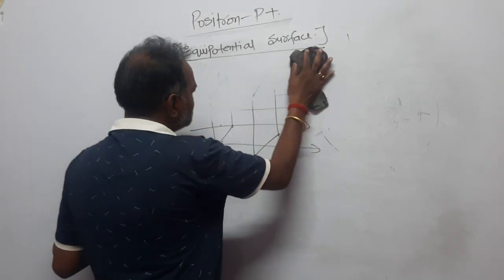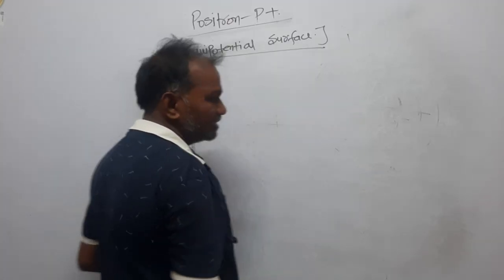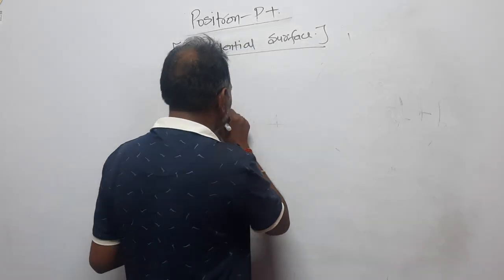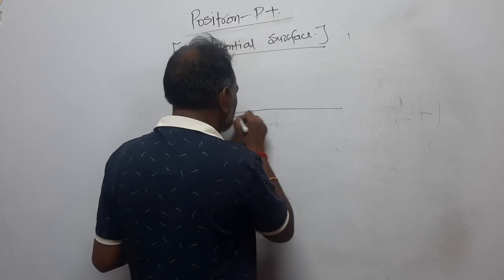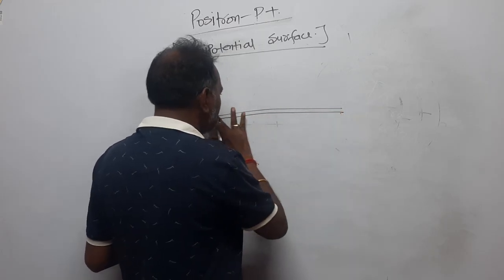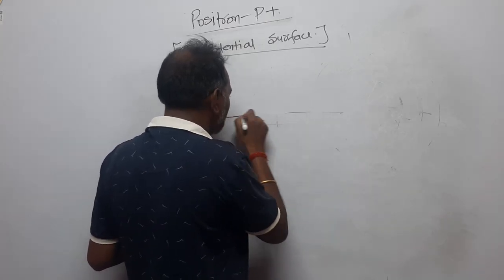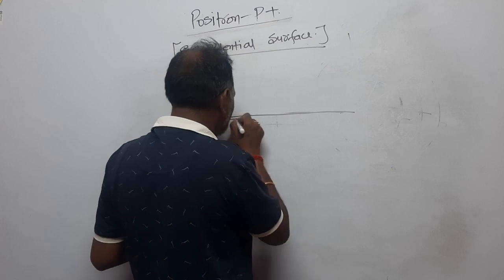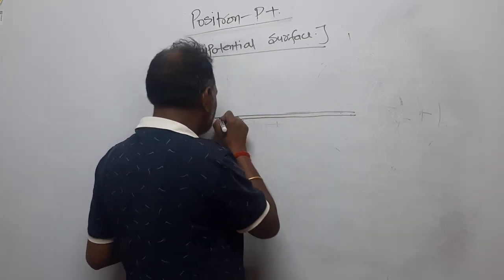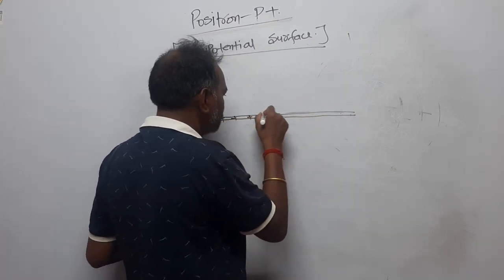If the charge is distributed over a wire, I'm talking about a line charge. Look here, this is a line charge. A thin wire on which charge is distributed, either positive or negative, no matter.